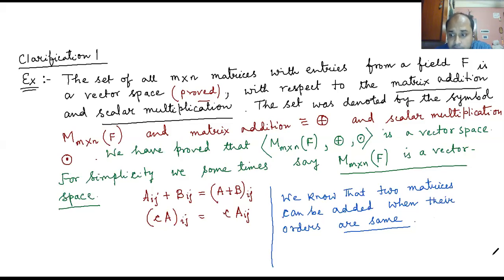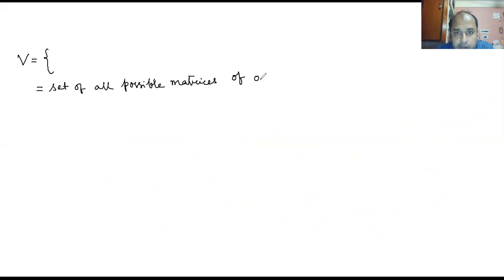Now the thing is that when we talk about the vector space, when we talk about the set V, and when we say that it is the set of all possible matrices of order m by n, which we denote by M m cross n F, don't think that this particular set contains matrices of different orders.